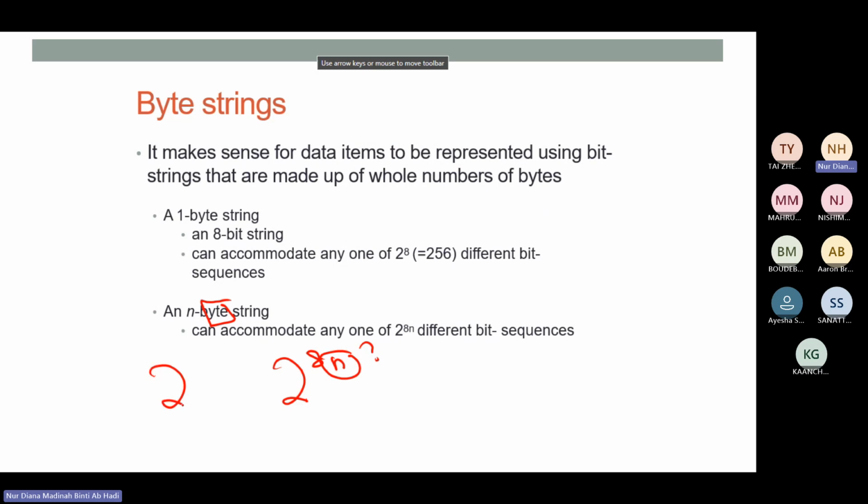If it were bits, it would be 2 to the power of n only, right? So when we say 2 to the power of n bytes, you need to put an 8 in front. Why? Because 1 byte is equivalent to 8 bits. Understand? Do you have any questions?